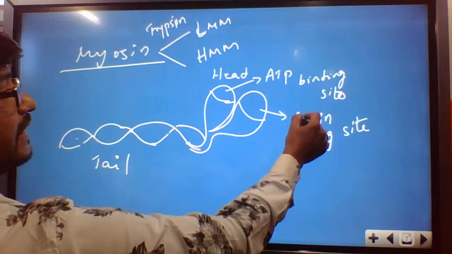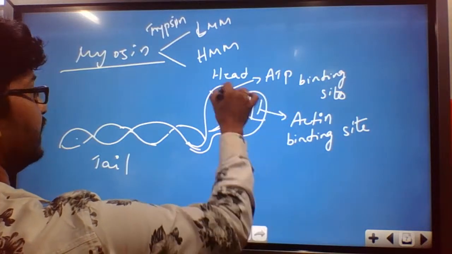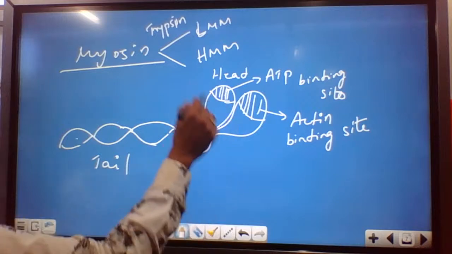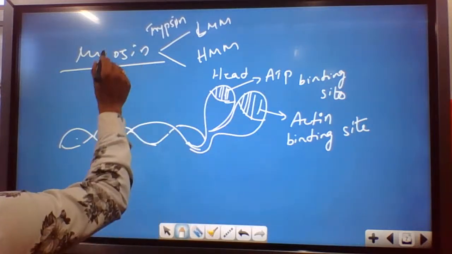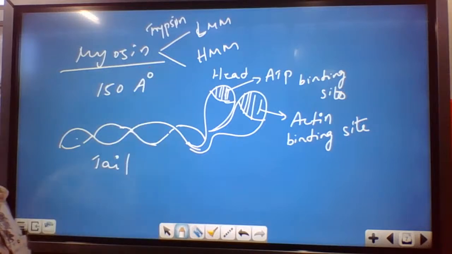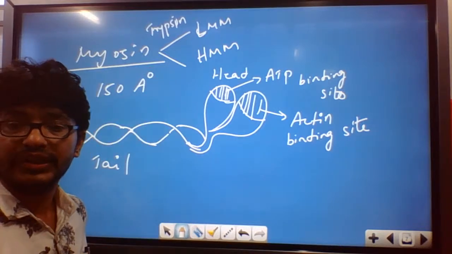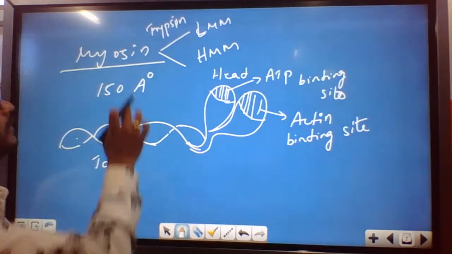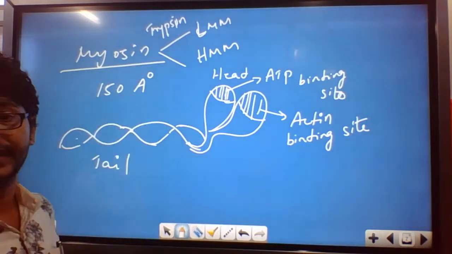So this is the actin binding site, and this one is your ATP binding site. Coming to this, the size of the myosin is 150 angstrom. What did we say is the size of a sarcomere? In the same way, the size of this myosin is 150 angstrom.